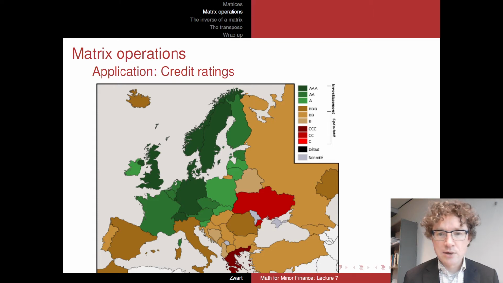But it goes all the way down to less creditworthy countries, at least in the aftermath of the financial crisis in Europe. Of course, Greece was viewed as a less creditworthy issuer, and indeed bonds issued by Greece had been written down by quite a bit during the financial crisis. So this is just to give a view of what these credit ratings do.